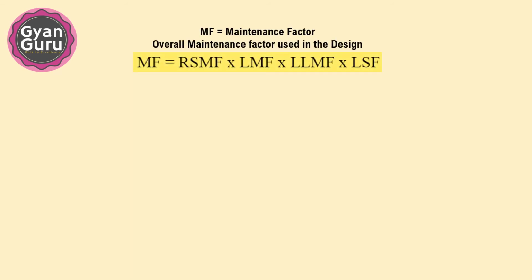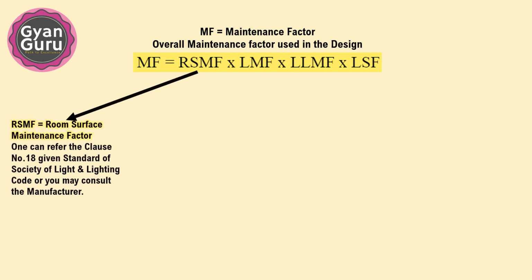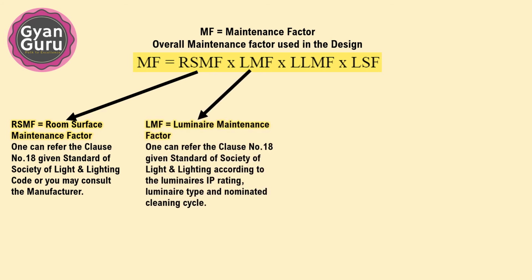So far we have learned that maintenance factor depends on the room surface maintenance factor, which can be taken from the Society of Light and Lighting Code, clause number 18. Then the luminaire maintenance factor, which depends upon the IP rating of the light fixture, luminaire type and type of environment, whether clean, very clean, normal or dirty.